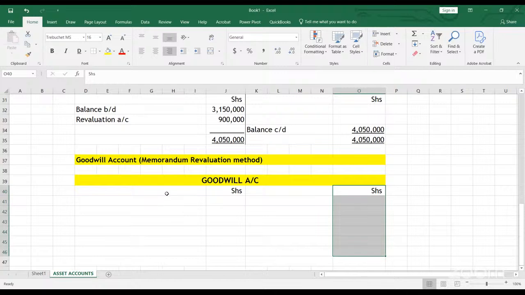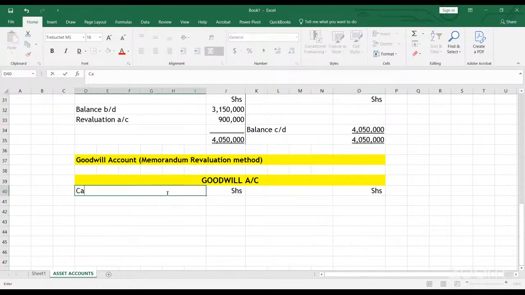So for Goodwill, we debit the Goodwill account with the total value of Goodwill. How much is the value of Goodwill?